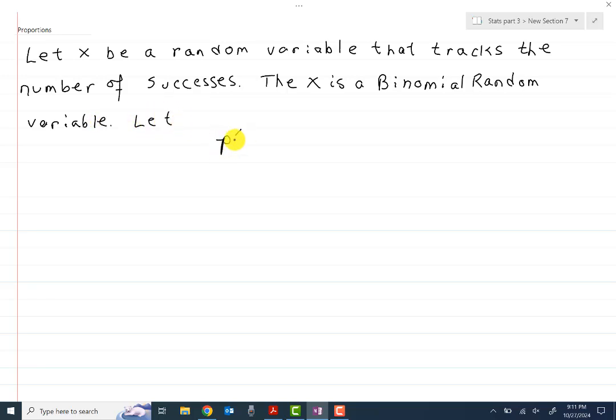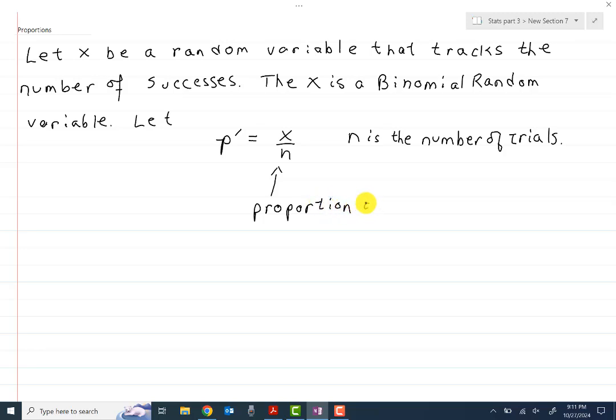Let p prime, put that little mark up there, lowercase p, once again we're abusing this notation, and n is the number of trials. Well, it turns out that these things, these proportions, that's what this is. So this is, I guess you'd call them, the proportion of successes.